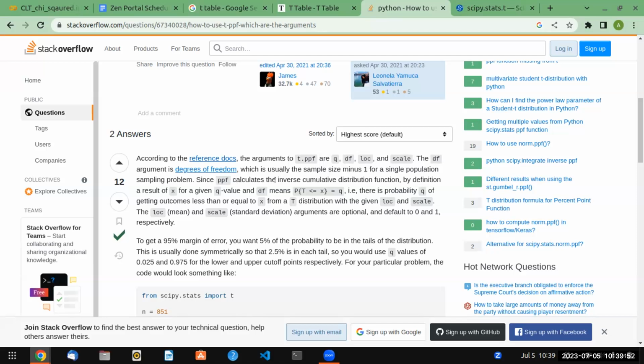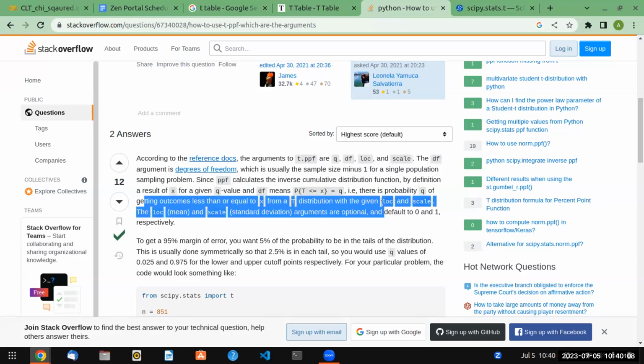Since ppf calculates the inverse cumulative distribution function, by definition, the result X for a given Q value and df is such that there is a probability Q of getting outcomes less than or equal to X for a t distribution with given location and scale, mean and standard deviation.